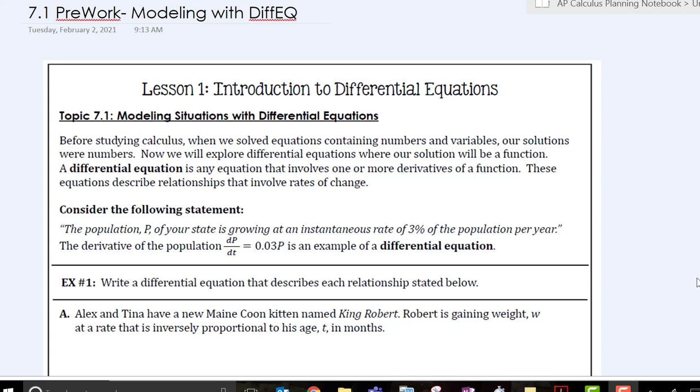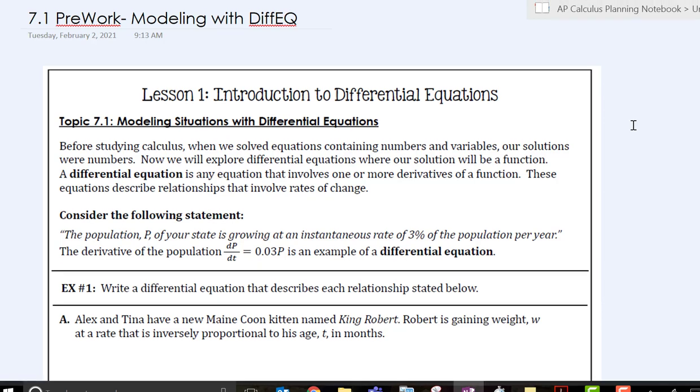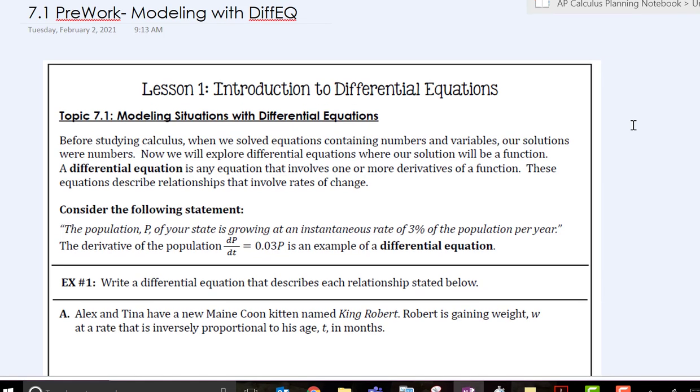I am very excited to get us started with a new unit, differential equations. This is probably some of the most fun and most applicable calculus because what this is doing is it's any equation that involves one or more derivatives of a function.